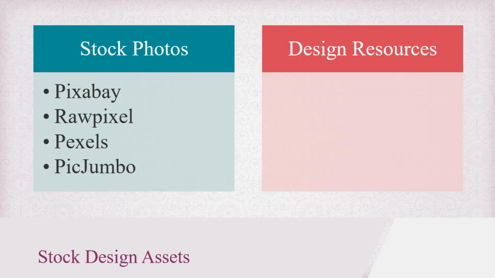I go to Pixabay, Rawpixel, Pexels, and Picjumbo. These are my favorite places. I really love Rawpixel. And Pixabay is like an instant, I'm on there all the time. But it's gotten to the point where everybody and their mom has a Pixabay.